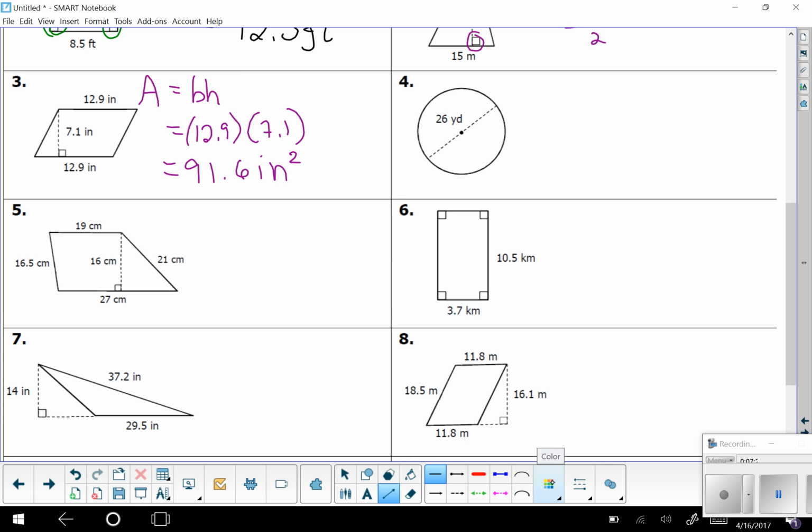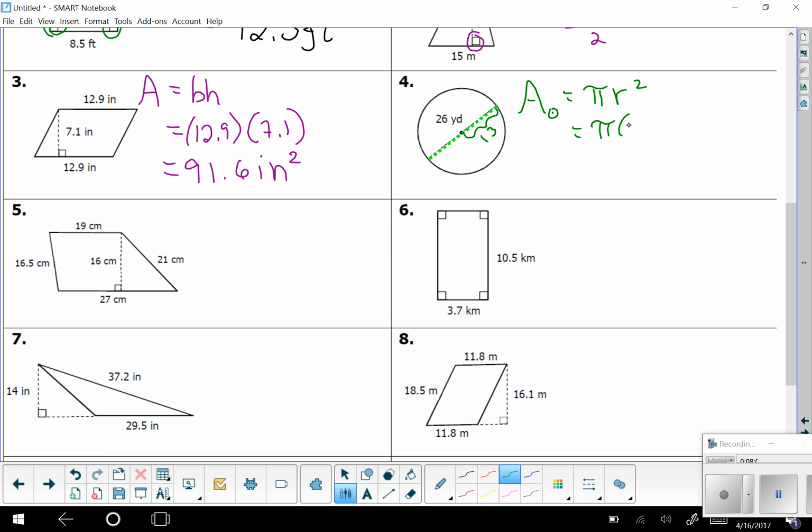Now for the next one, the 26 is for this entire thing. That entire thing is called the diameter, and all we need is the radius. And remember, the radius is half of the diameter, so half of 26 is 13. So the area of the circle is going to equal pi r squared.